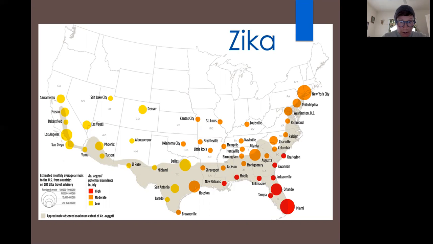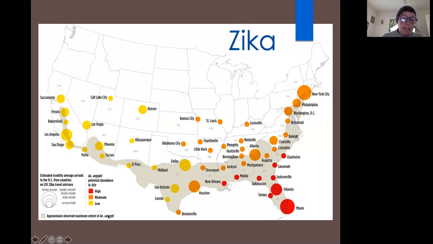It's cold and rainy there all the time. It's just not warm enough for mosquitoes to hang out too much. They do have mosquitoes, but they don't have the Aegypti mosquito, right? The Aegypti striped mosquito hangs out in warmer temperatures. So then the second part of this legend, the color, is representing the potential abundance, during the peak season of July, of this specific type of mosquito that we know moves Zika around.